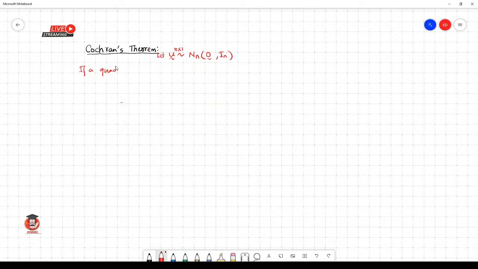if a quadratic form u prime u is expressed as the sum over i from 1 to k of u prime M_i u, and M is an idempotent matrix.